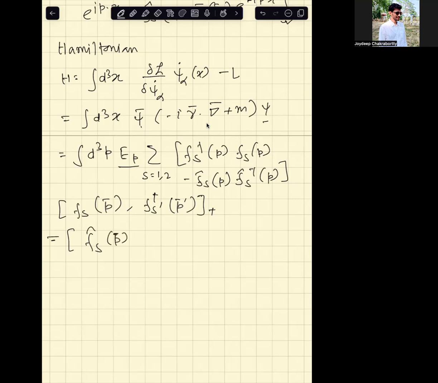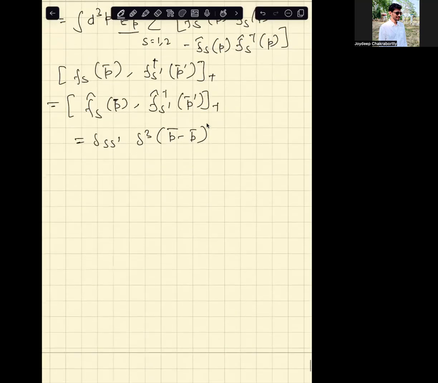So this quantity, and plus we have a delta S prime, Q minus Q prime. Okay.